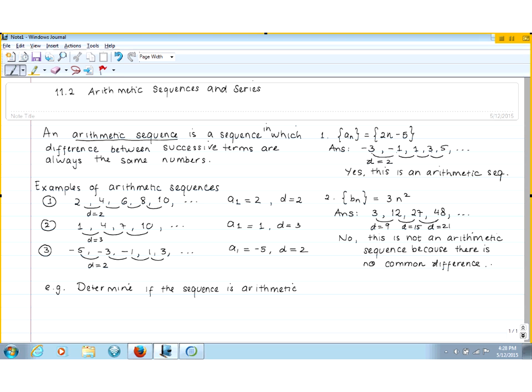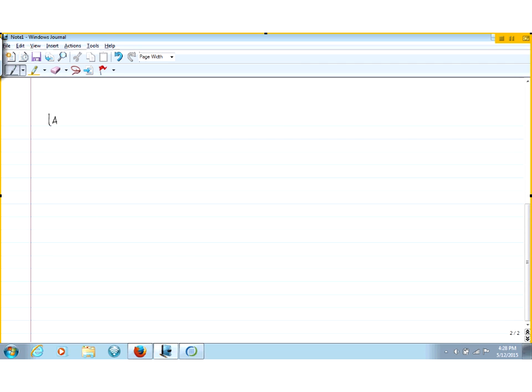Alright? Okay, so let's talk about some formulas for arithmetic sequences. So an is the nth term of an arithmetic sequence. So an is equal to a1 plus n minus 1 times d.